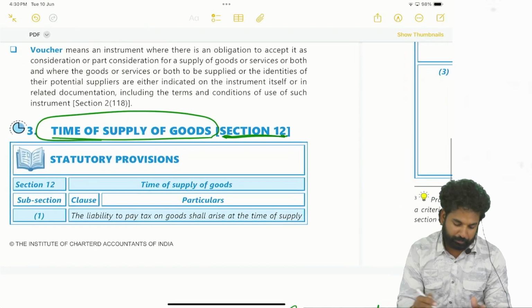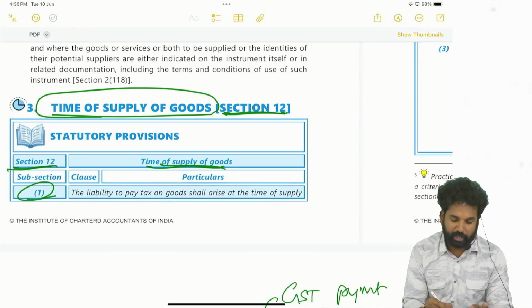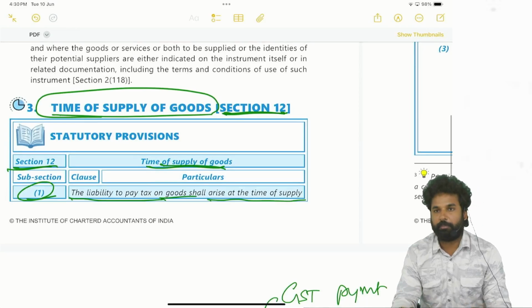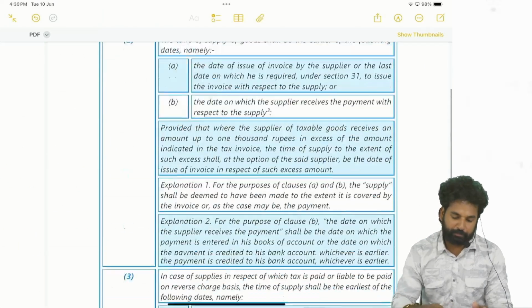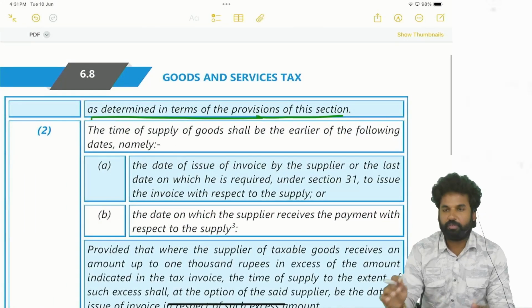Right. With respect to section 12, time of supply of goods, subsection 1 is there. It says that the liability to pay tax on the goods shall arise at the time of supply, as determined in terms of the provisions of this section.